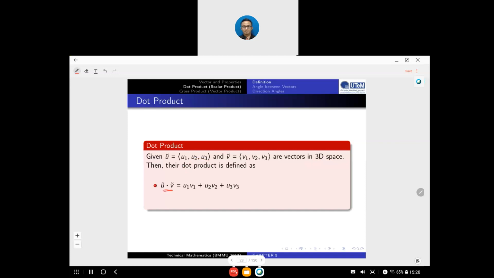Vector u dot v equals the first item times the first item, plus the second item times the second item, plus the third item times the third item.